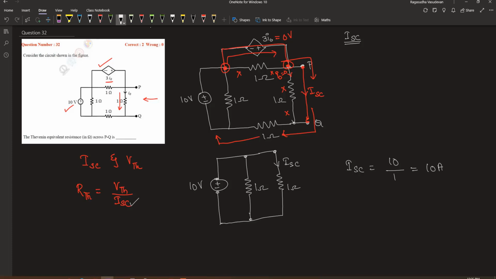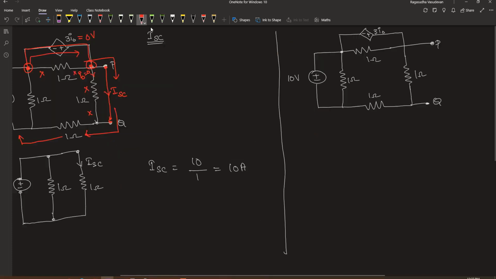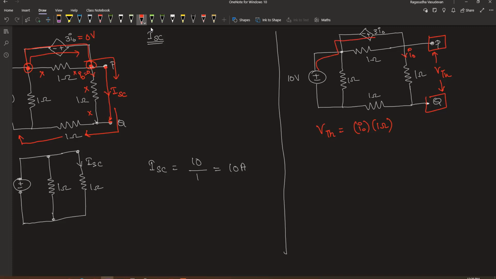Now let's find the Thevenin equivalent voltage. The Thevenin equivalent voltage is the voltage that appears across these two terminals. The current I0 passes through this resistance. Therefore, VTh is equal to I0 into 1 ohm. Let's find I0. For that, let us apply KVL through this outer loop.